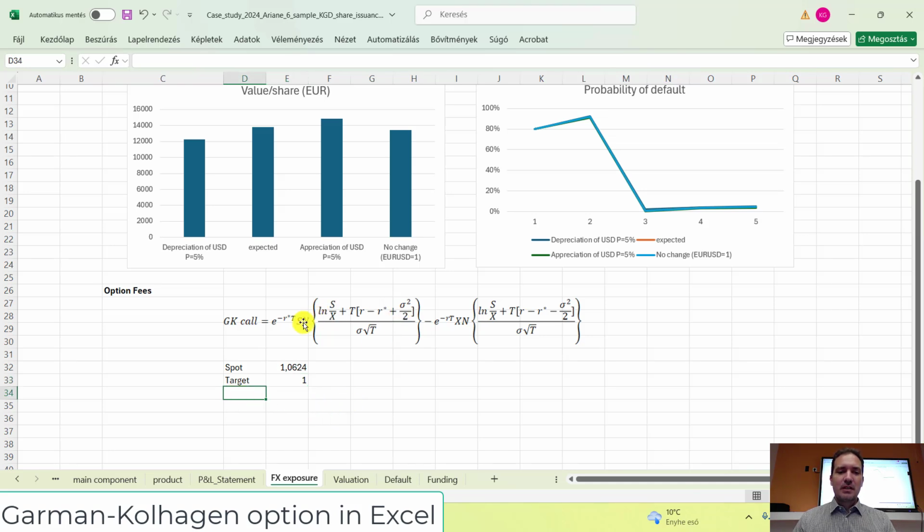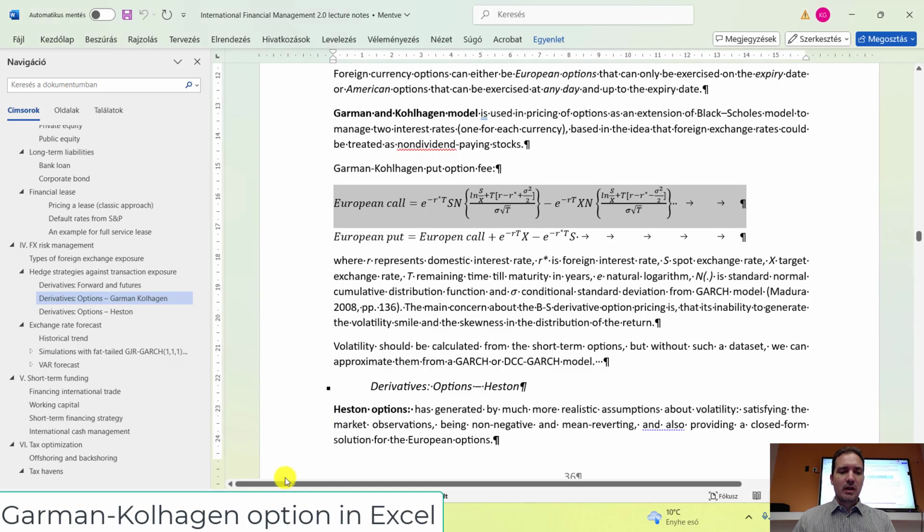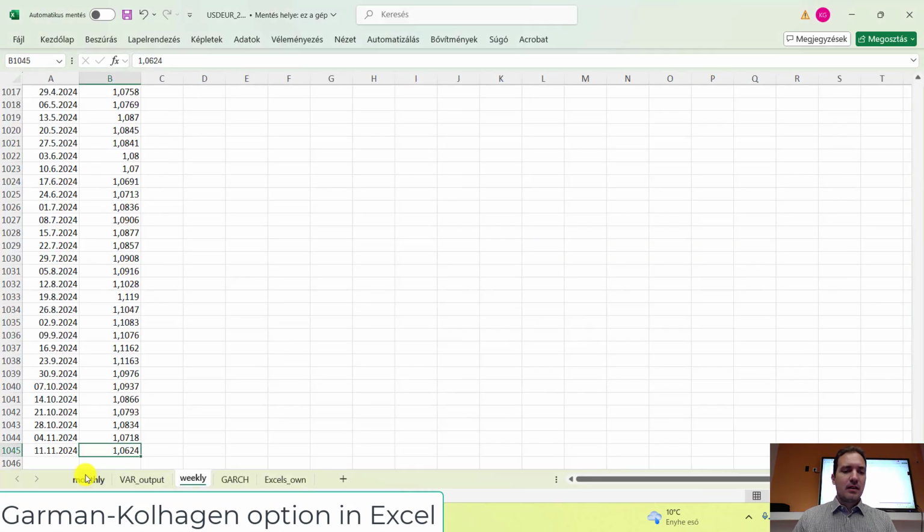Also what we need as an ingredient, time in years. Let's use 1 year at first, then we will expand this. Also we need the interest rate in euro, we did the interest rate in US dollar. So let's go back to the database.